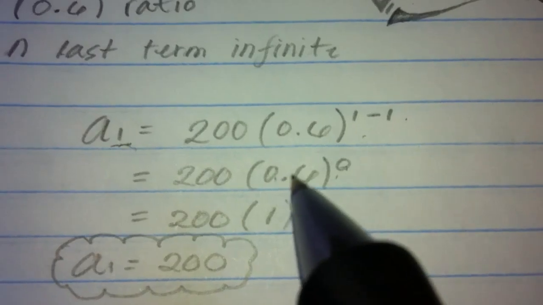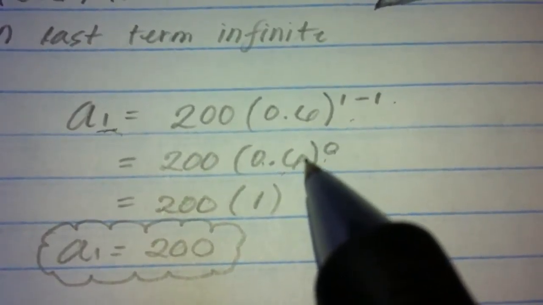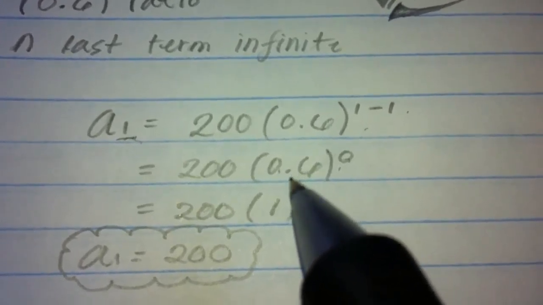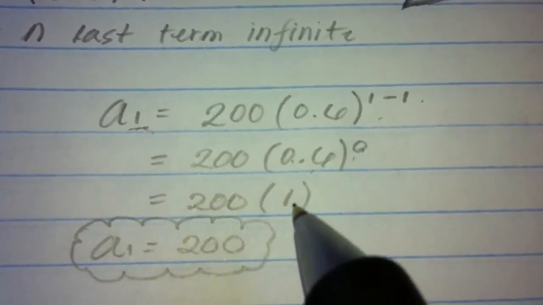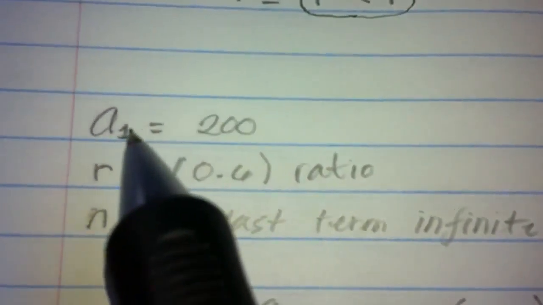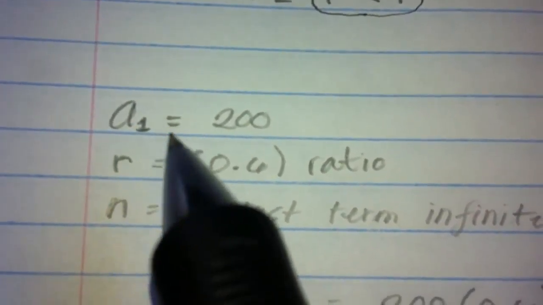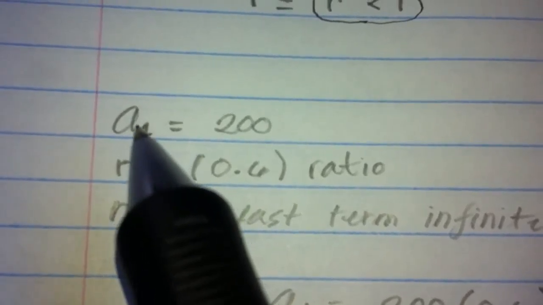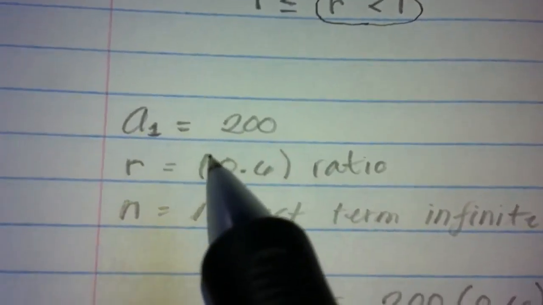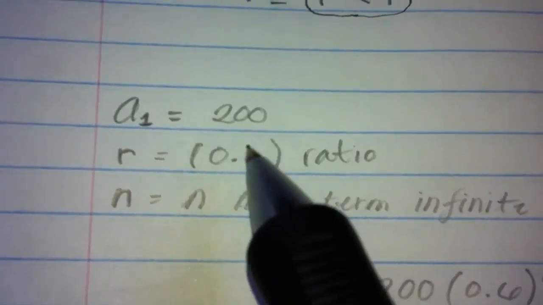Distribute that into 0.6, and the rule is any number to the power of 0 would always equal 1. So 200 times 1 equals 200, and that is our first term, or a1 equals 200.